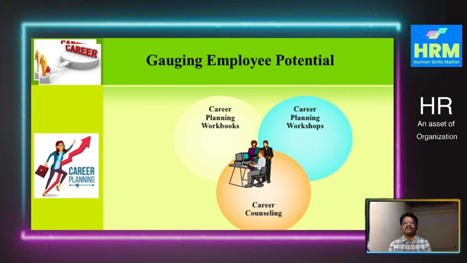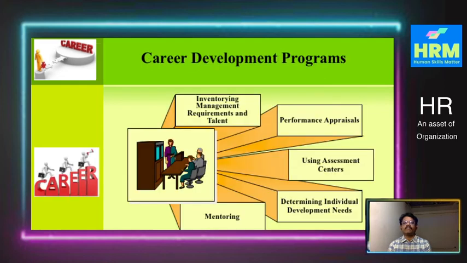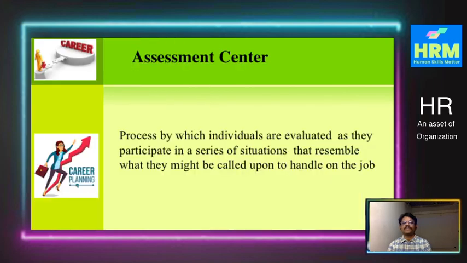Development also happens when you look at career development programs, like attending the various programs: training and development, identifying our performance based on the appraisal system, using assessment centers, determining the individual development needs, and mentoring. If you take all these at the workplace, development takes place in a proper direction in the organization system.